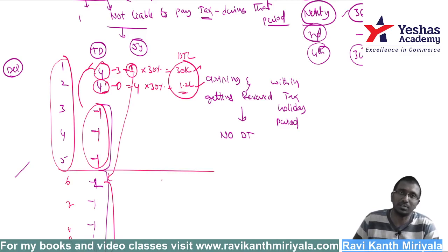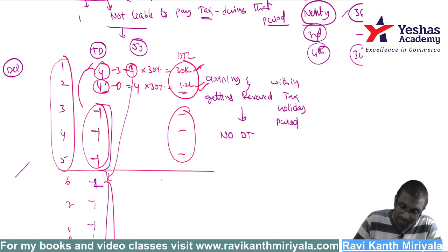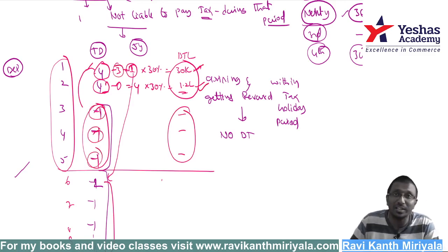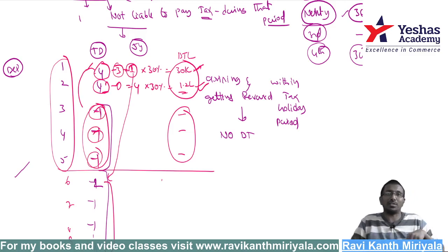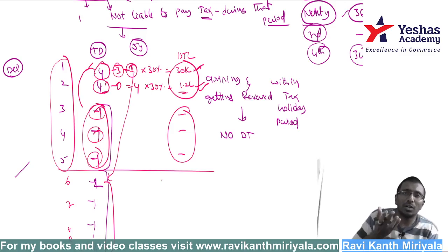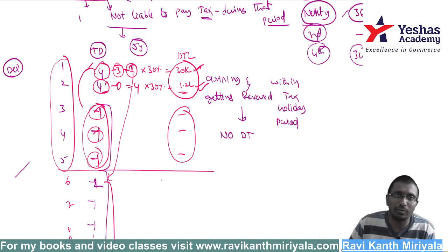So now what are we supposed to do? We record a 30,000 journal entry, a 1,20,000 journal entry, and here nothing, because it is not getting reversed. To the extent of 1 lakh, I did not make anything. So where is the reversal? If you make for something, then you will be reversing for that thing. If you are not making anything, then where is the point of reversing?